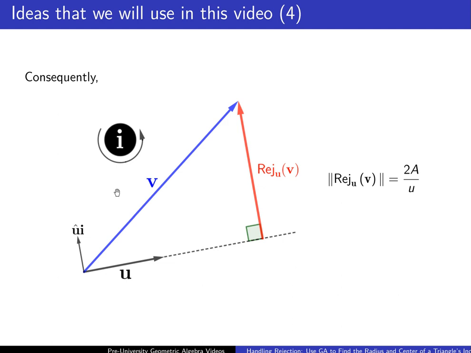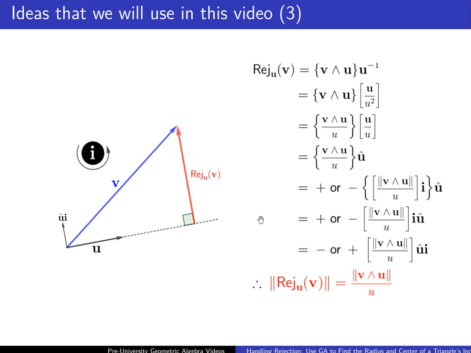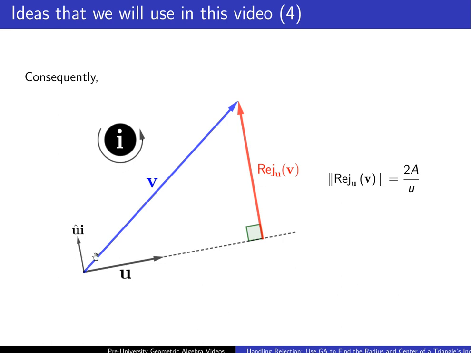And let's look at that just a little bit more here, because we want to understand a geometric interpretation. We've seen in previous videos, and in fact mentioned earlier here, that v wedge u is twice the area of the triangle that in this case would be formed by u and v. So the magnitude of that rejection is 2 times the area of that triangle divided by u.